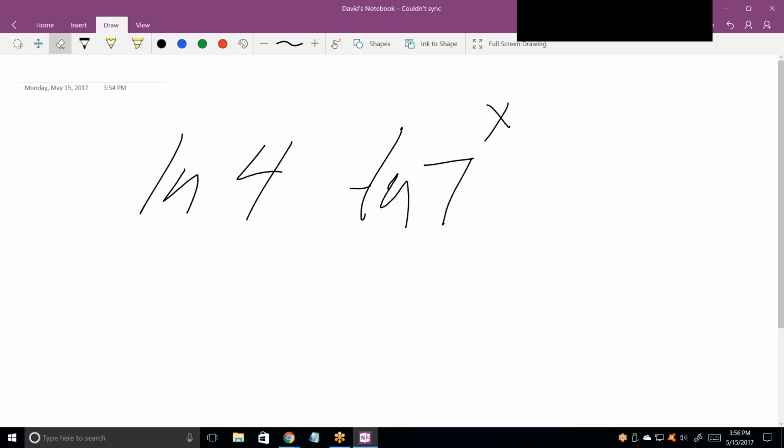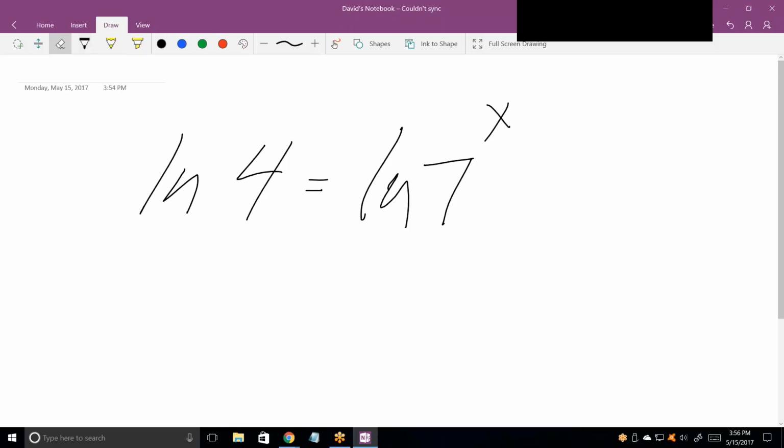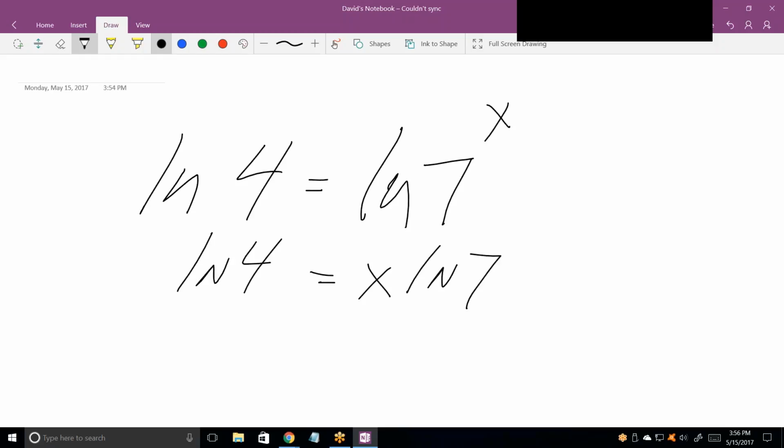Think expand. When you're expanding that, what are you going to do with the x? Put it in front. That's exactly what you do with it. Now, it's an algebra problem. And x is natural log of 4 divided by natural log of 7.